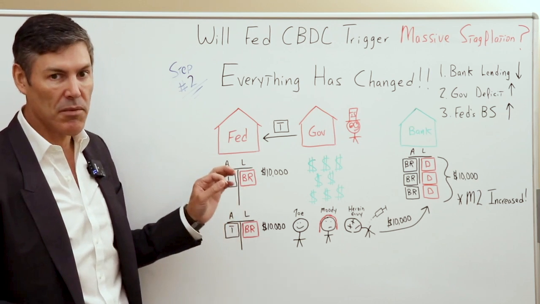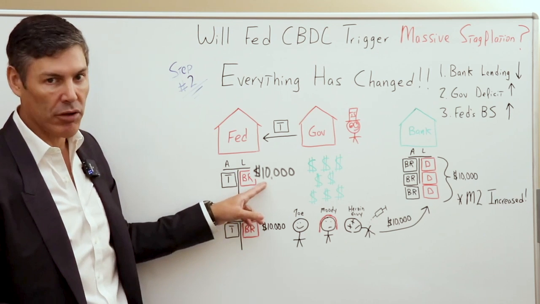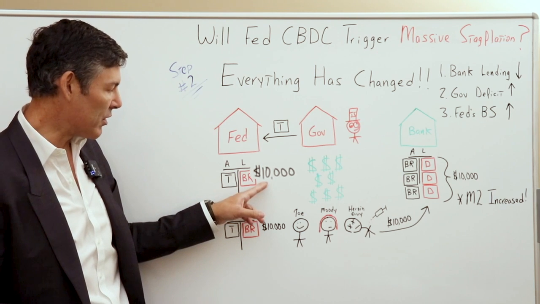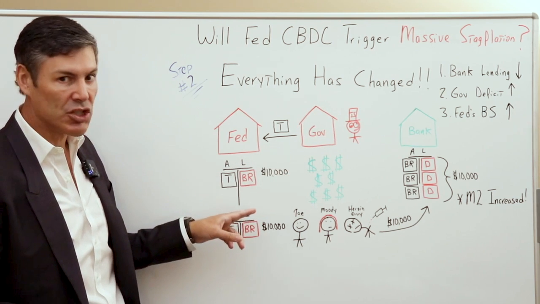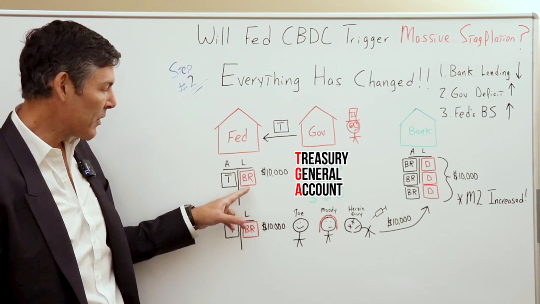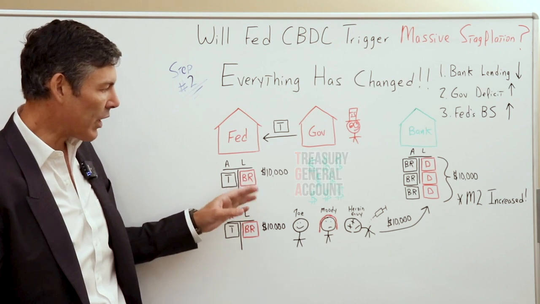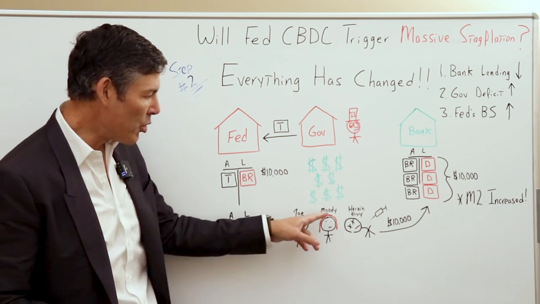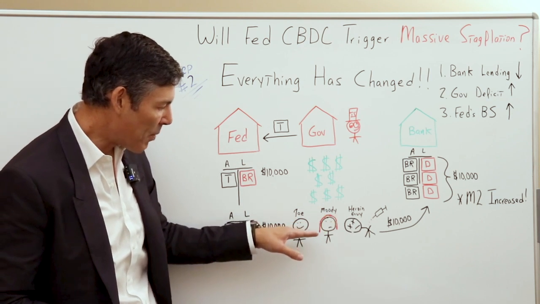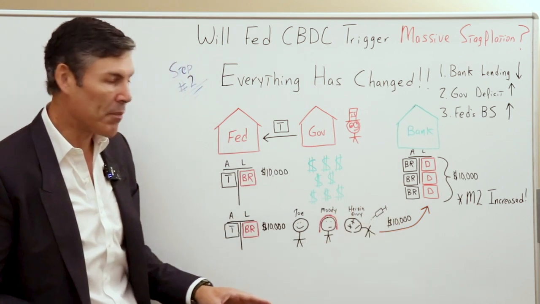So let's just assume for a moment that they purchased $10,000 worth of treasuries. So now the government's account, the TGA, the Treasury General Account, has an additional $10,000 in it. Okay, well, they spend that $10,000 into the system, and then Joe, Moody, and heroin guy deposit the $10,000 into their bank.